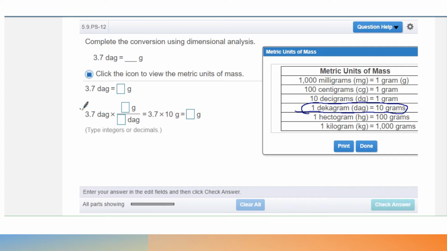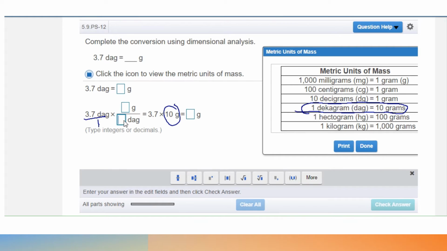The only way that you multiply 3 7/10 by 10 is if you have a 10 right here. So this is telling me that I need to put a 10 right here and a 1 in the denominator, since I didn't have to multiply anything in the denominator. But my conversion will tell me that as well.